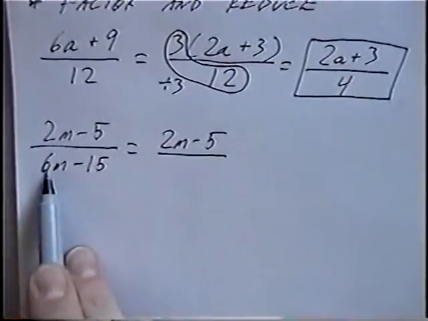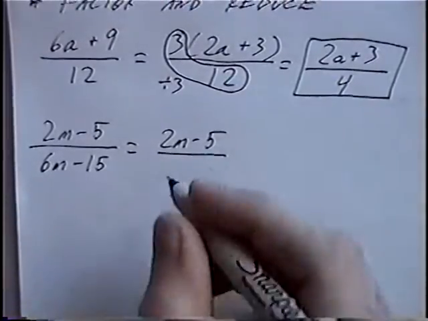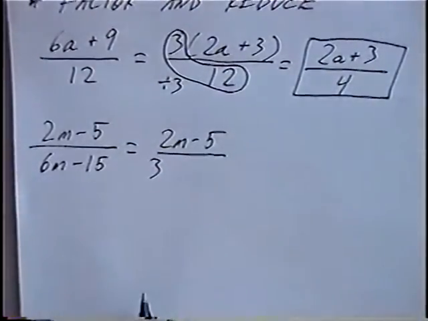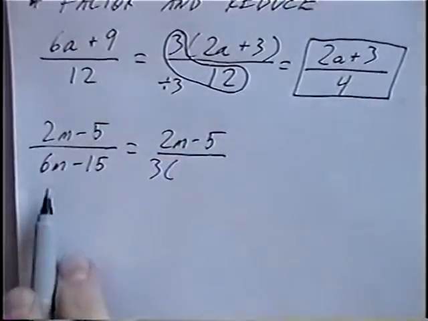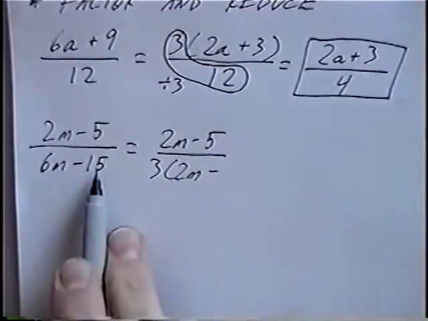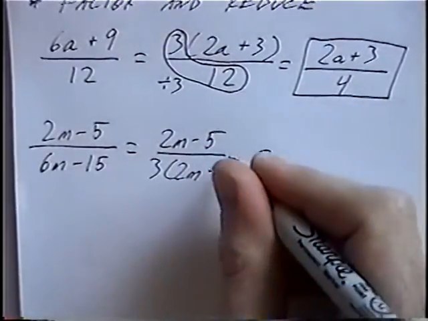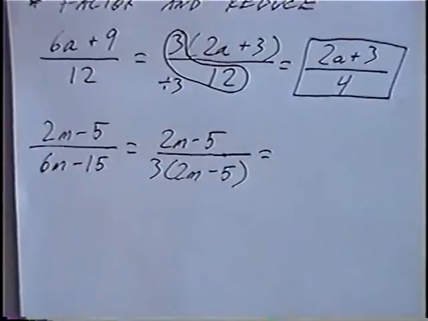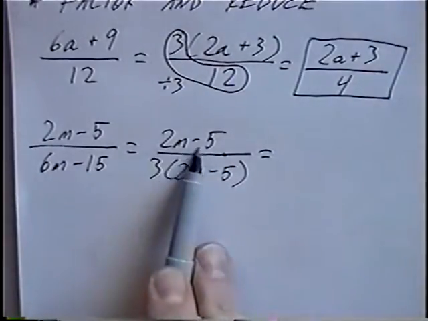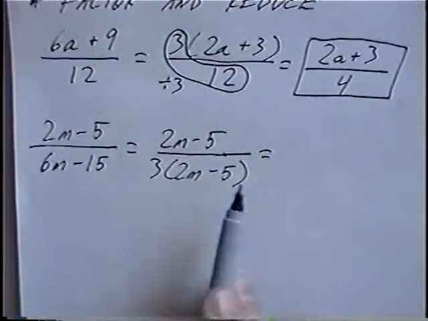For the denominator, 6 and 15, the biggest number that goes into 6 and 15 would be 3. And again, dividing each of these by 3, we're left with 2m, and 15 divided by 3 would be 5. In this problem, we have the same term, 2m minus 5, and the same term on the bottom, 2m minus 5, both exactly the same.